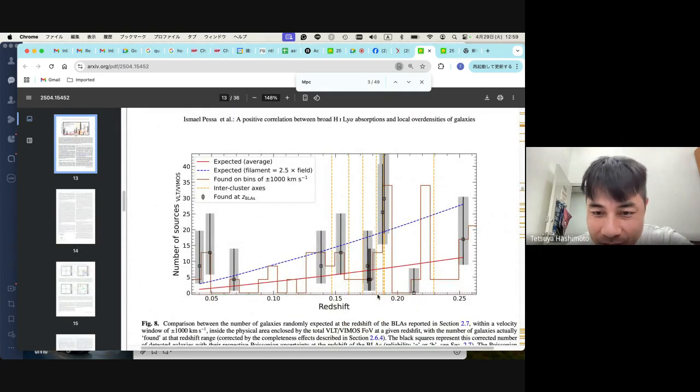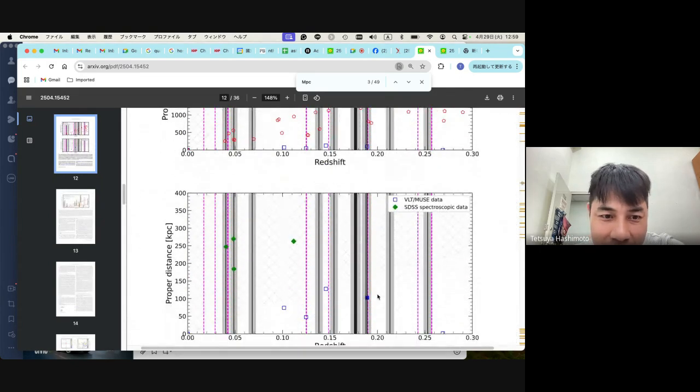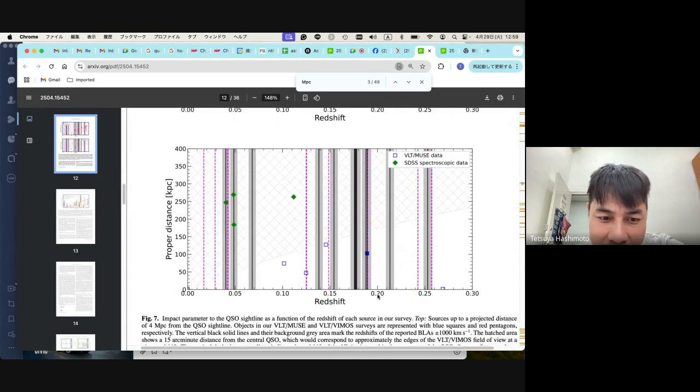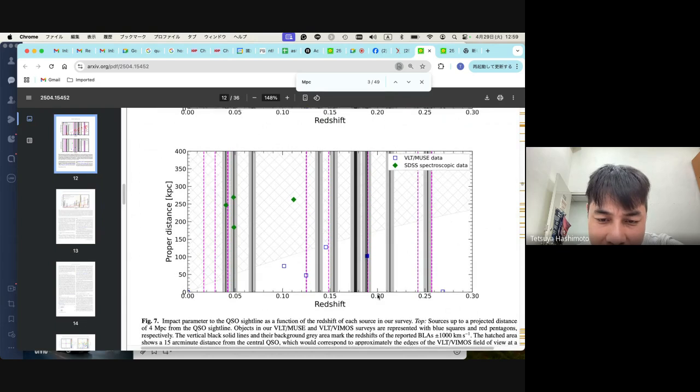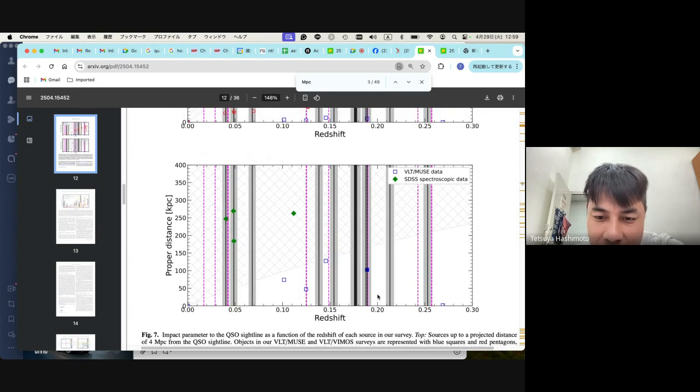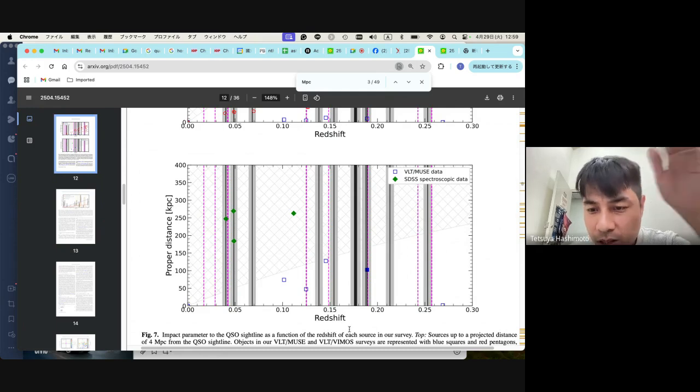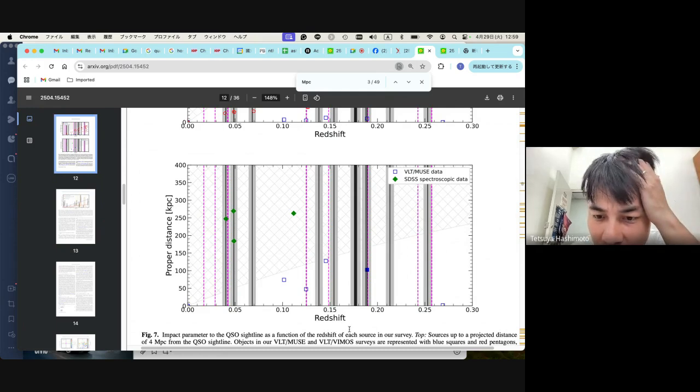Ah, this is just an impact parameter as a function of redshift, not as a function of density.